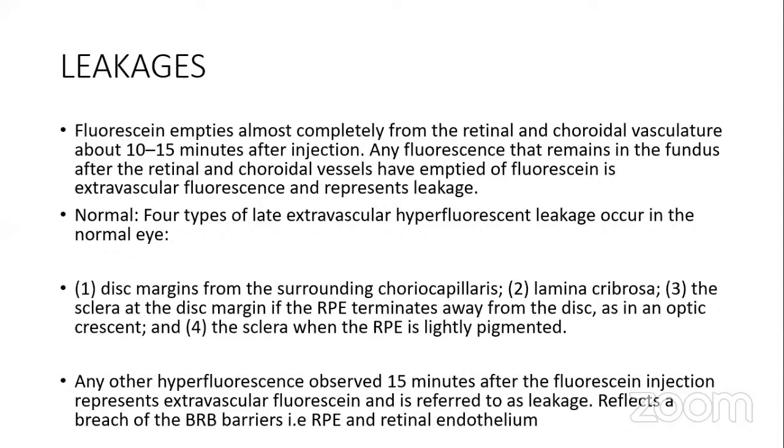That sclera can be stained at the end of the angiogram. It's just that the dye in the choriocapillaries stains that area. These are considered to be normal in this area, but we'll see the abnormal ones now.